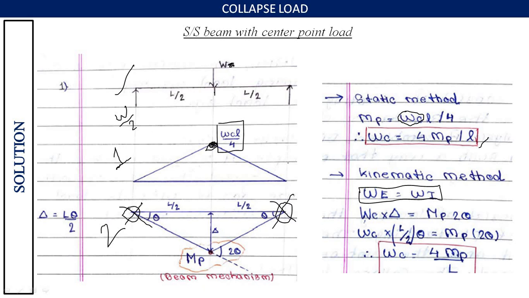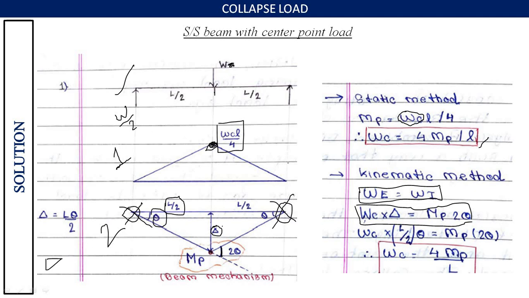This 2 theta comes from theta 1 and theta 2. It will be 2 theta. So let us say WC into deflection is equal to MP into 2 theta. What will be the value of deflection? The deflection will be L by 2 into theta.